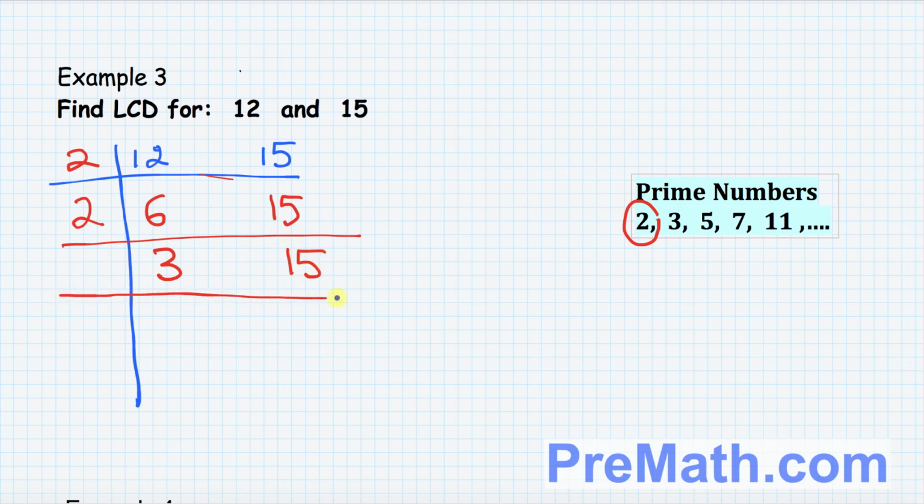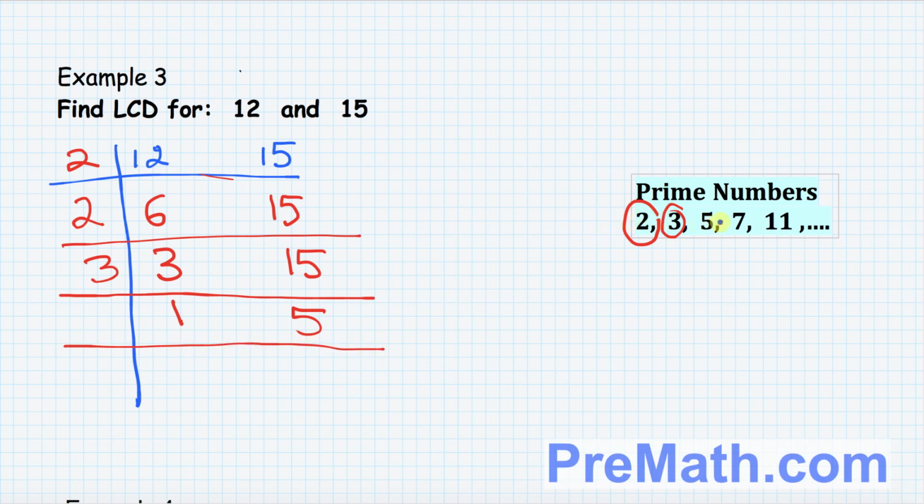Now, next number, our smallest number is what? 3, a prime number. Is any one of them divisible by 3? Yes, of course. So I'm going to start with 3 next. I'm going to put down 3 right up here. 3 goes into 3 once. 3 goes into 15, 5. Now we ask ourselves, what is going to be the next one?